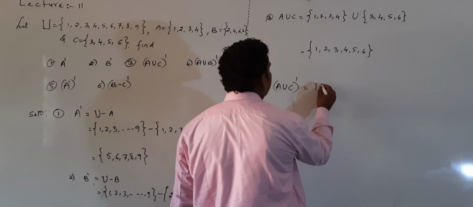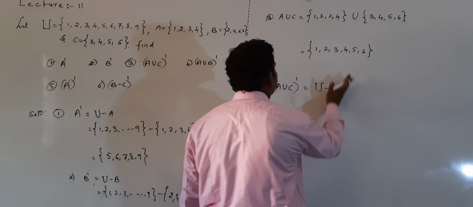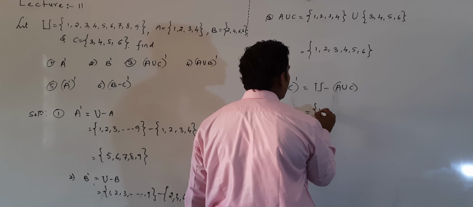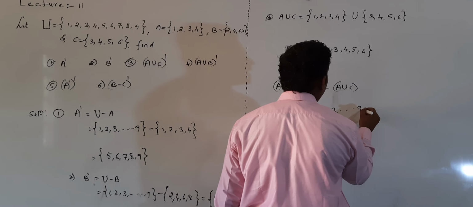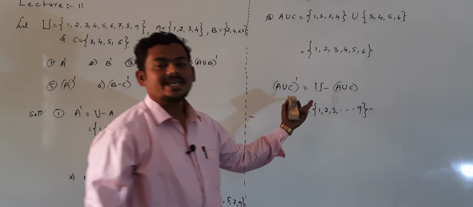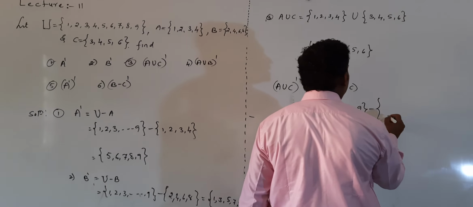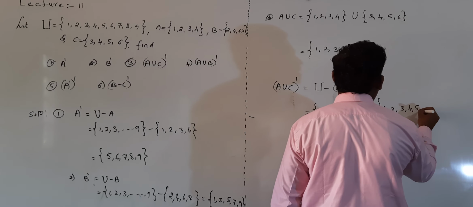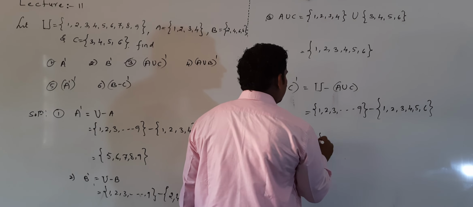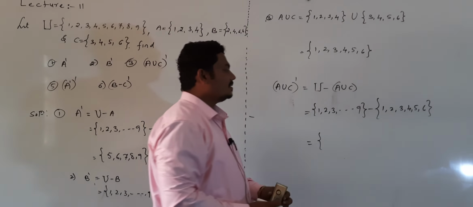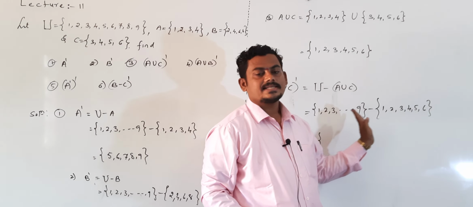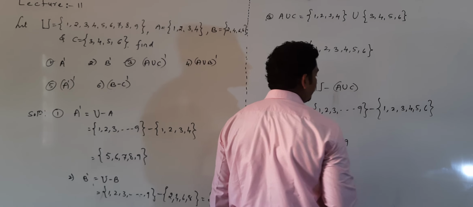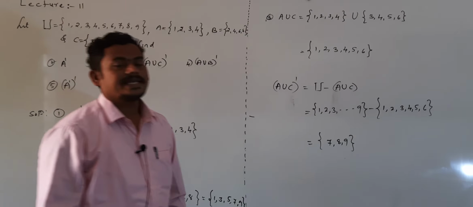That's equal to, by definition, U minus A union C. That's 1, 2, 3, 4 and so on up to 9, minus A union C, which is 1, 2, 3, 4, 5, 6. Up to 6 is deleted because 1 gets cancelled, 2, 3, 4, 5 and 6 get cancelled, leaving 7, 8, 9. This is our A union C whole complement.